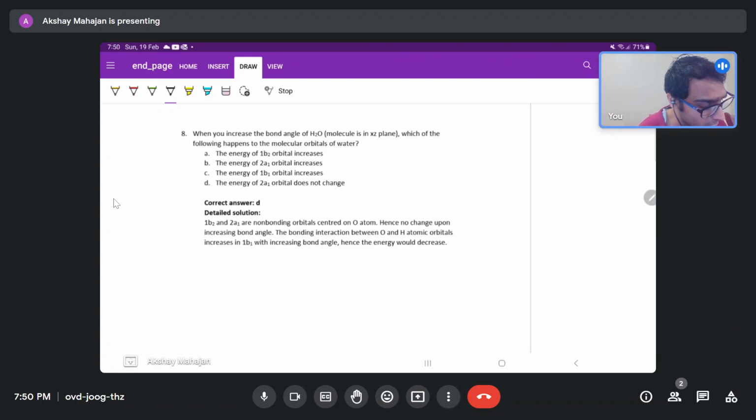As given, 1b2 and 2a1 are non-bonding orbitals, so they will not change whatever happens to the bond angle with uniform increase.